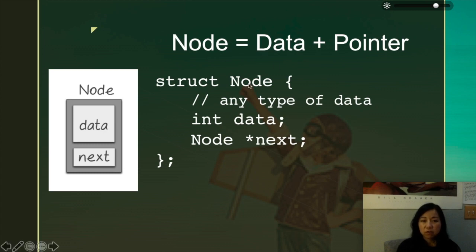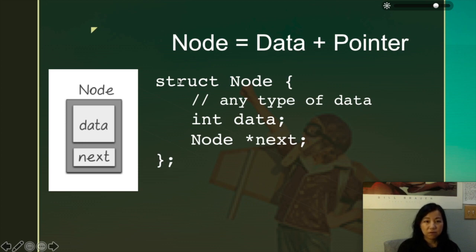We are using a struct for the node at this point. This can be any data, but in this case, we would use just an integer to make it easier to understand. And we name the data just data. And then we have a node pointer that is called next.